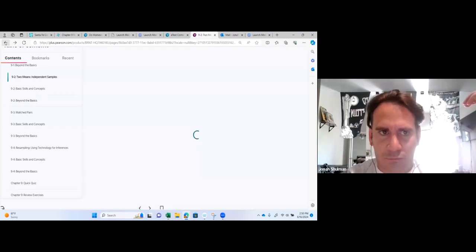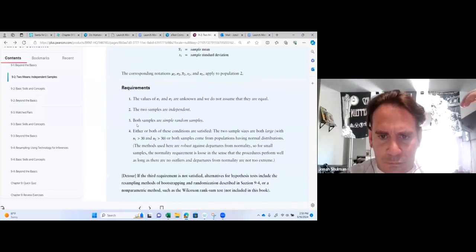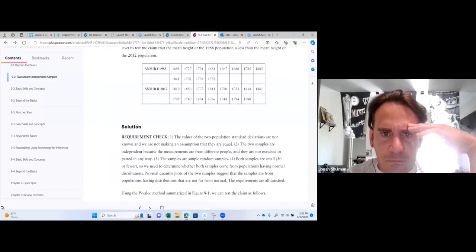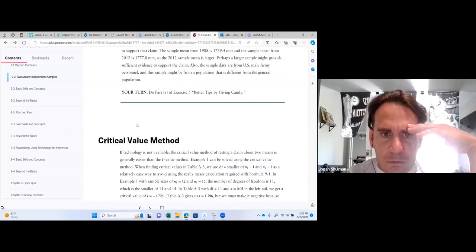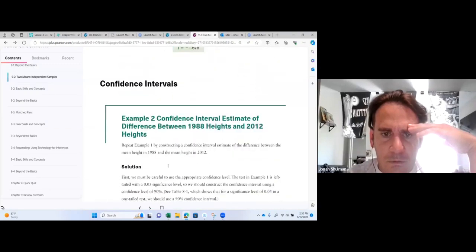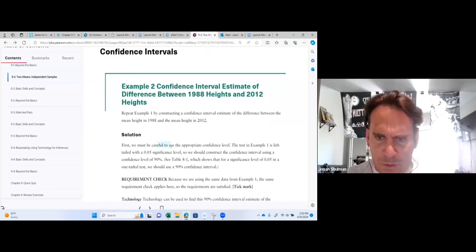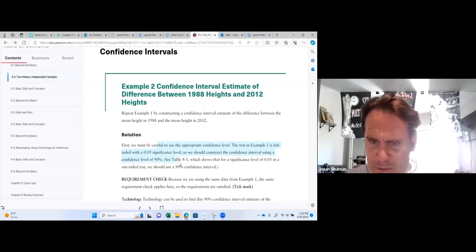Okay, first we must be careful to use the appropriate confidence interval. The test in example 1 is a left tail test with a 0.05 significance level. We should construct the confidence interval using 90%. See table 8-1, which shows the significance level of 0.05 should use 90%.